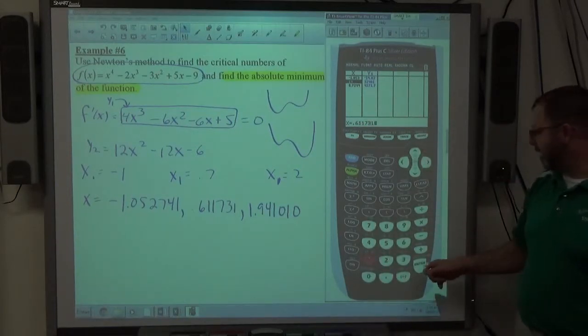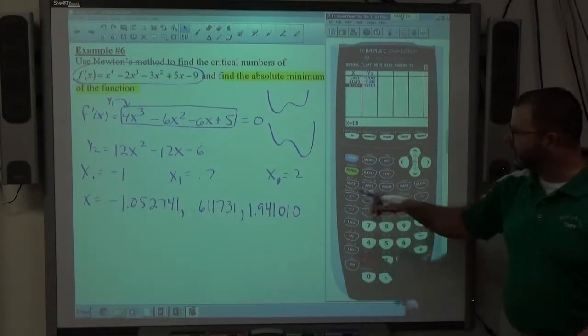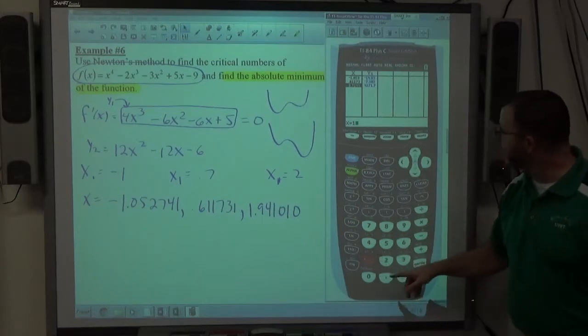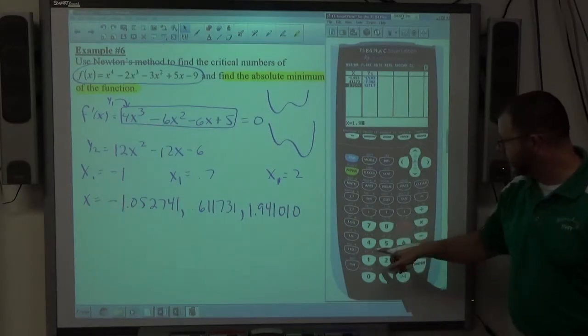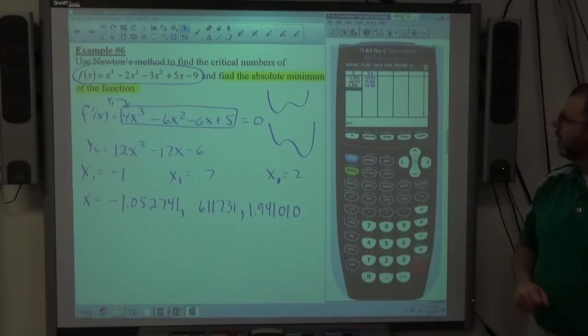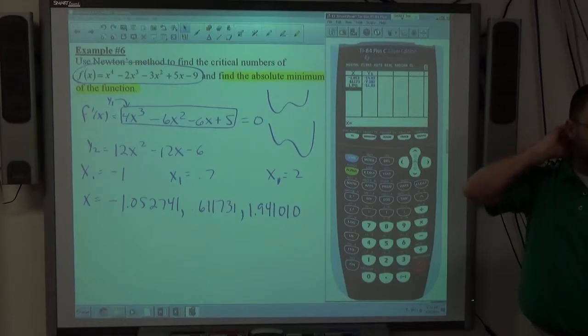This one here should be the maximum. And the two on the end should be the same. Minimum, maximum, minimum. That's what I'm expecting, right? 1.941010. So of the three values we get, negative 14.03 is the smallest of the three, right?